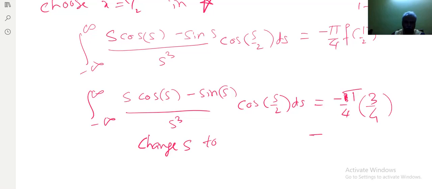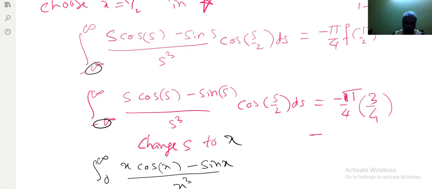Changing s to x, we get the integral from 0 to infinity of x cos x minus sin x divided by x cube, cos of x by 2 dx, equal to minus 3 pi by 16.